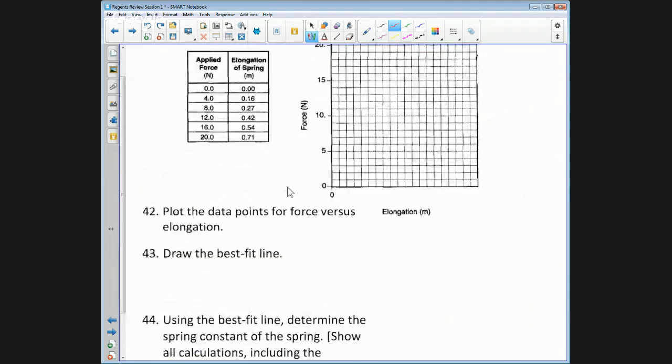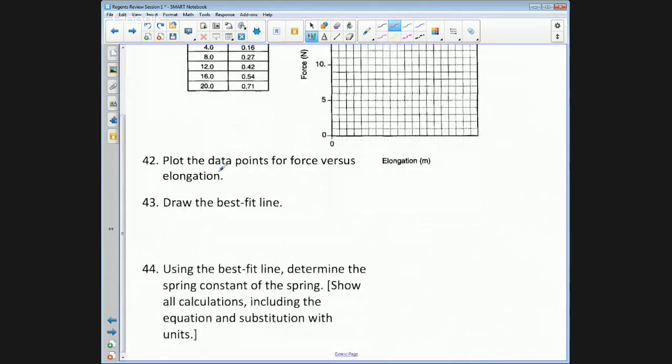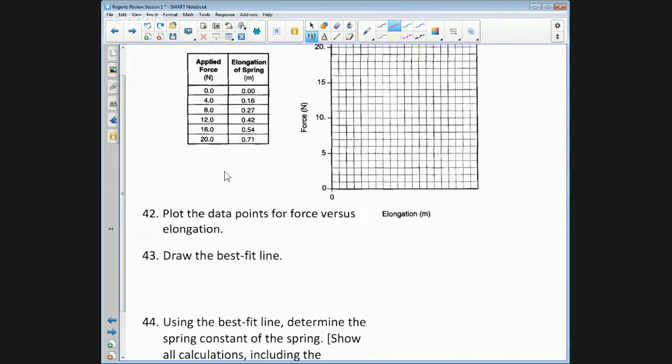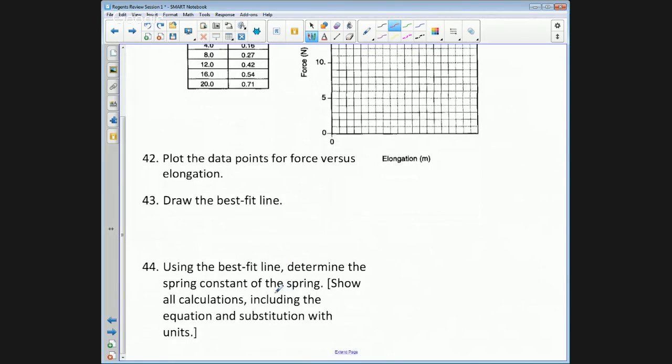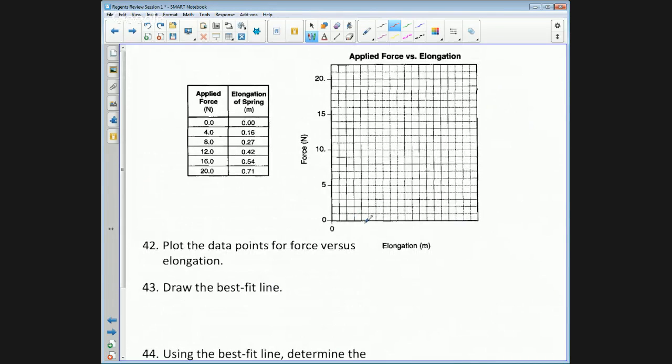Okay, so for 41 to 43, this involves doing a graph. It says plot the points for force versus elongation, draw the best fit line, and using the best fit line, determine the spring constant of the spring. Show all work. So I'll need to figure out a scale for this. Applied force is my y coordinates here, and the elongation of the spring are my x coordinates.